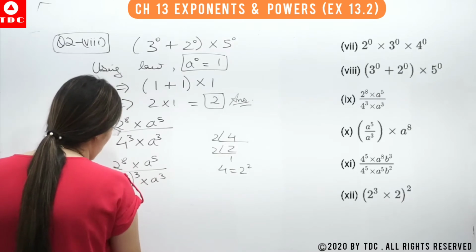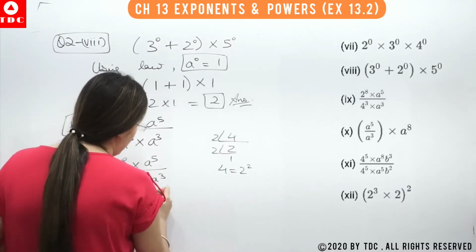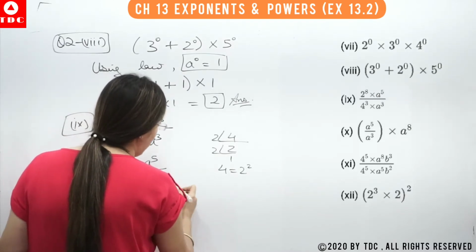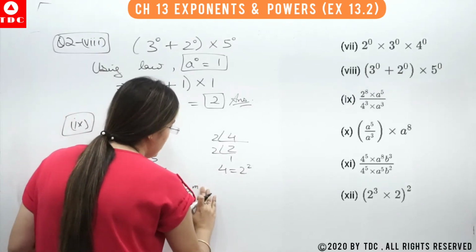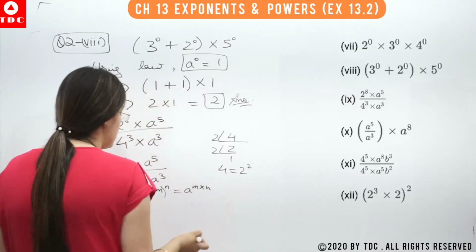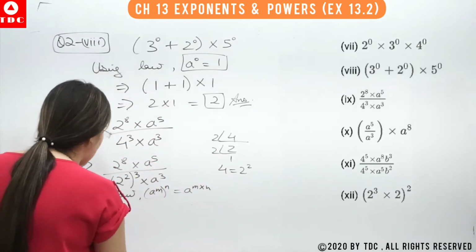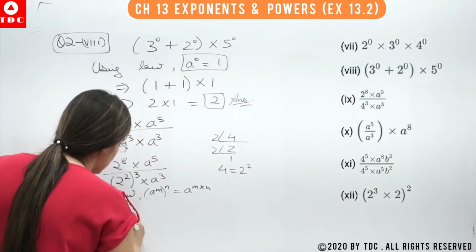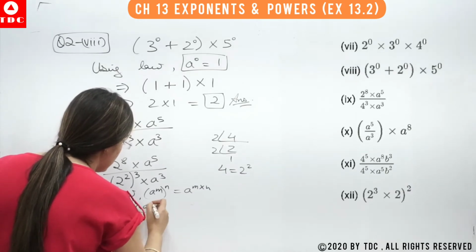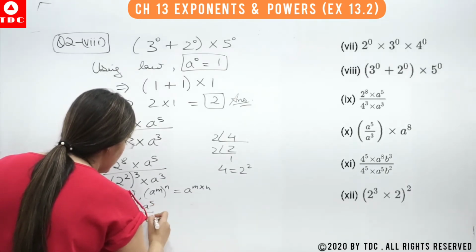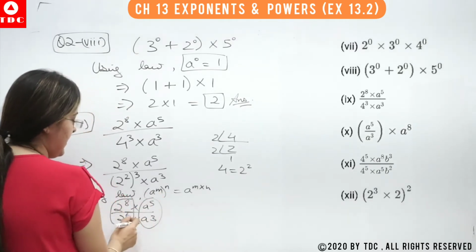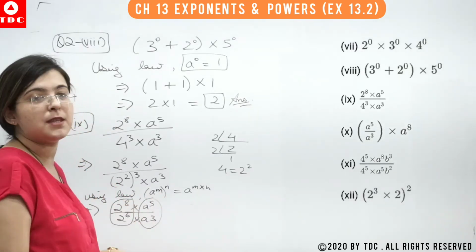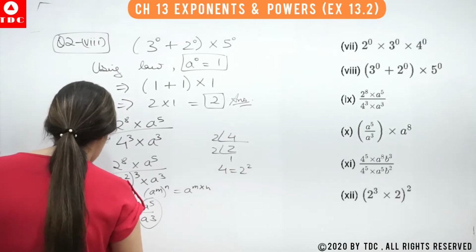Now using the law, a to the power m whole to the power n will give us a to the power mn, multiplied. So here 2 into 3 will become 6. Now see students, we can apply the division property here. In these terms the bases are the same.